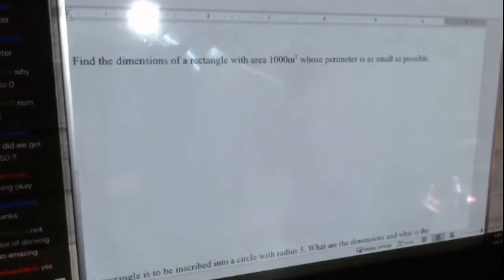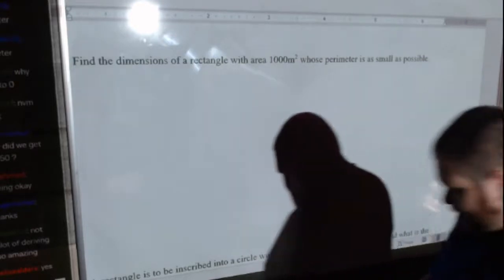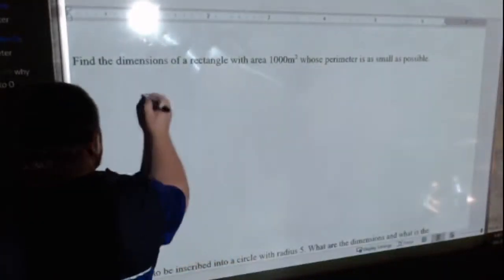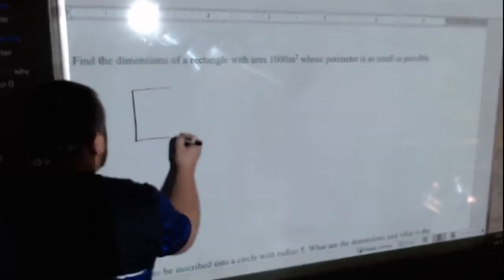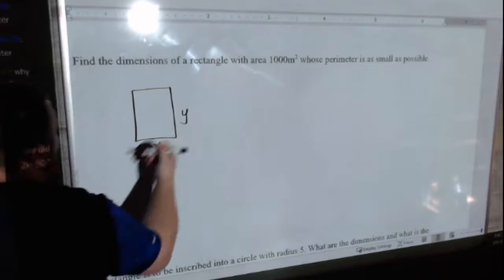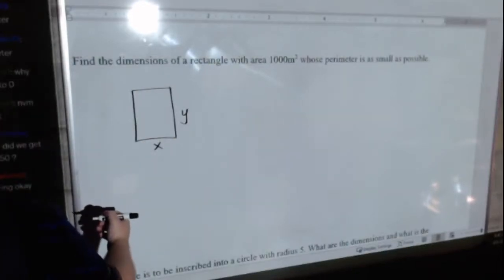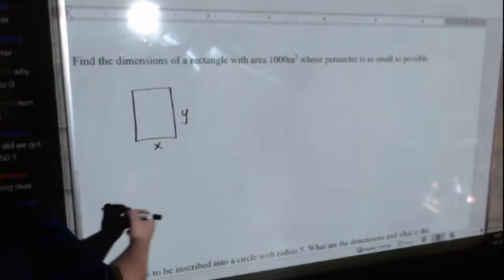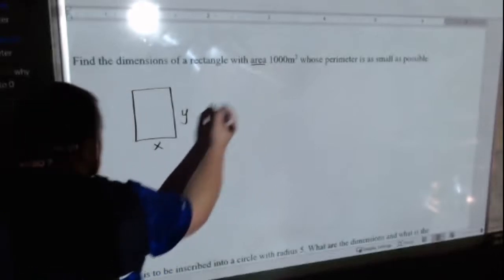So this one's asking us to find the dimensions of a rectangle that has a particular area and whose perimeter is as small as possible. So rectangle means we have one side X, one side Y. It tells us the area at the beginning.